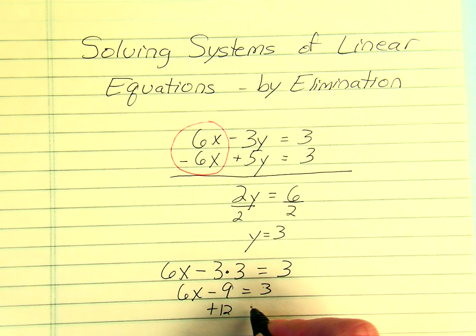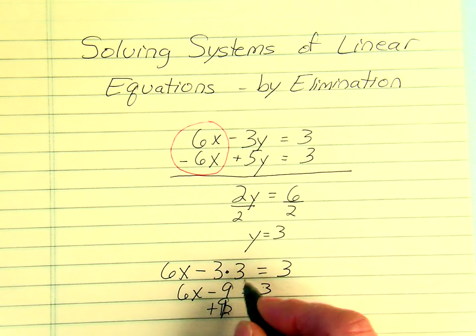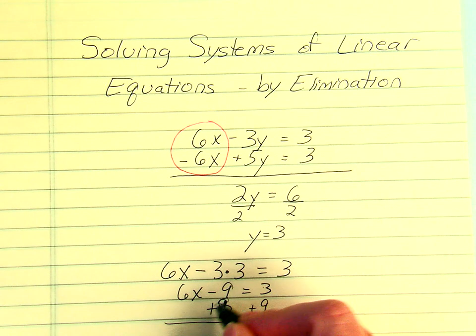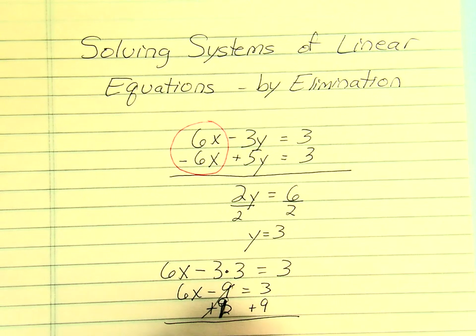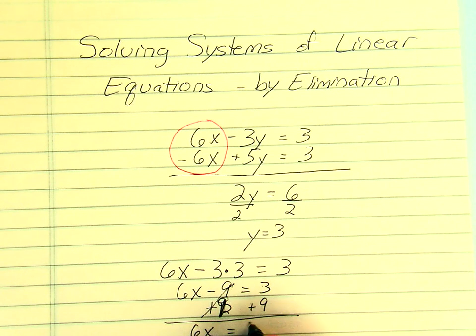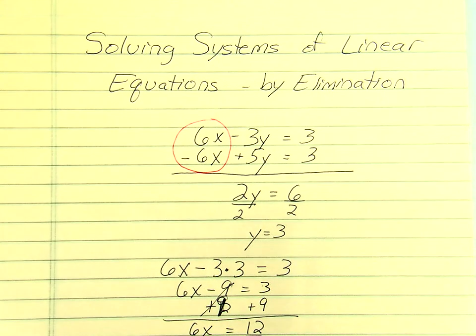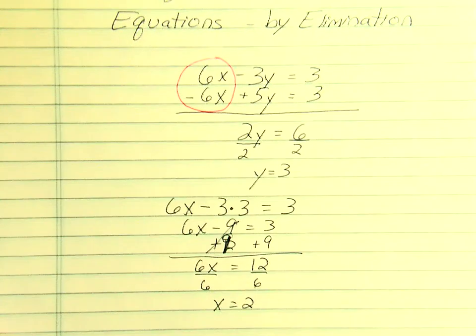I'm going to add the, oh my goodness. I added that in my head, and then I was actually doing that. Mistake, don't make that. 6x is equal to 12, dividing both sides by the 6, and x is equal to 2.